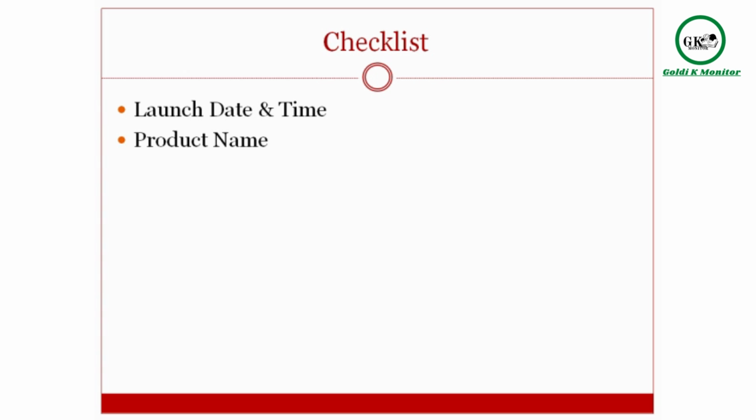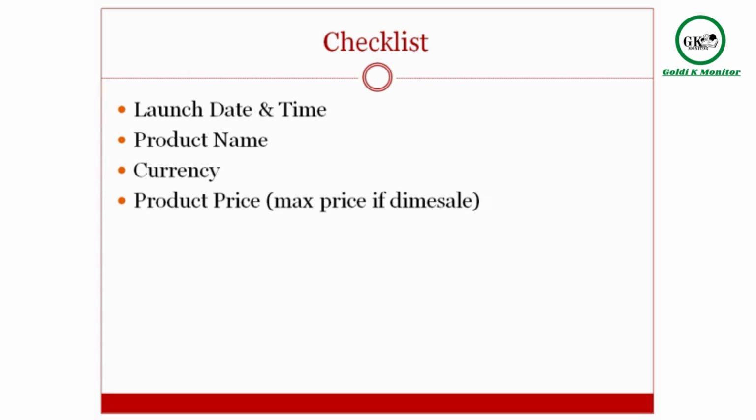That's pretty self-explanatory. You're going to need to know the currency in your country that you want to be charging. You want to know the product price. If you're going to be using dime sales, then this product price will be the maximum price.